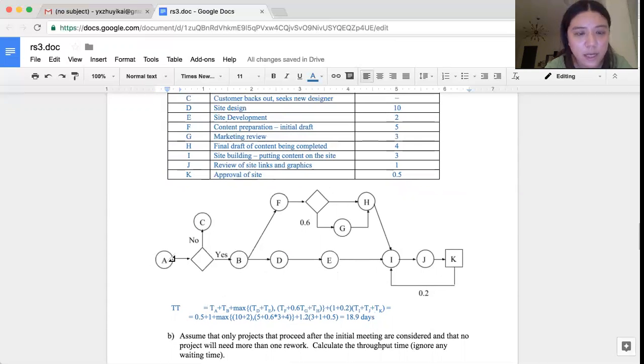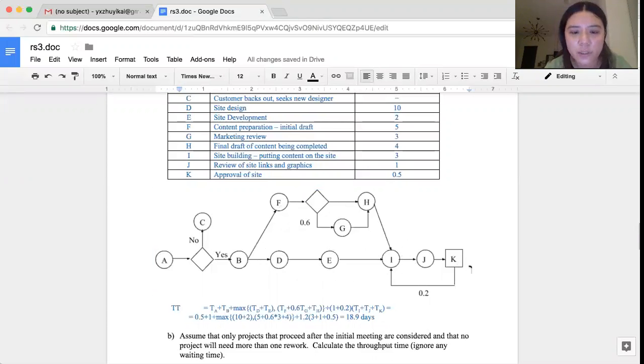It's the time for step A, the time for step B. Since there's a parallel for FGH and DEI, we need to compare the time for this part, and compare the time for D and E, because we need to choose the longer time, the max of these two to represent the whole time, plus the time for I, J, K.